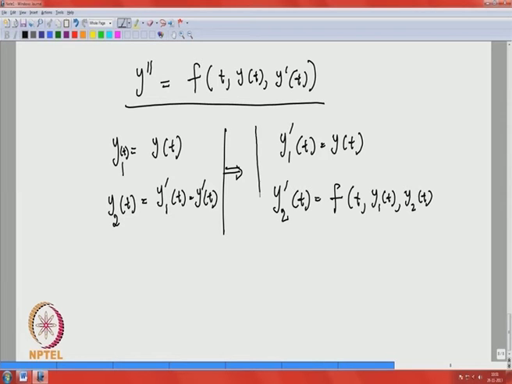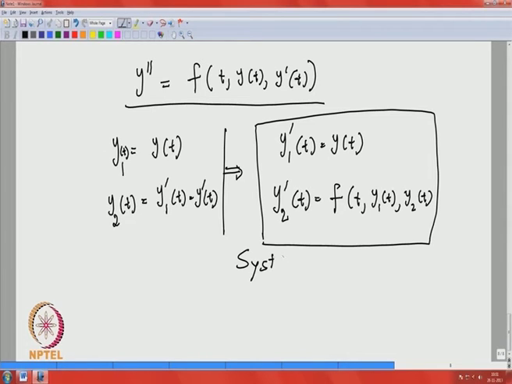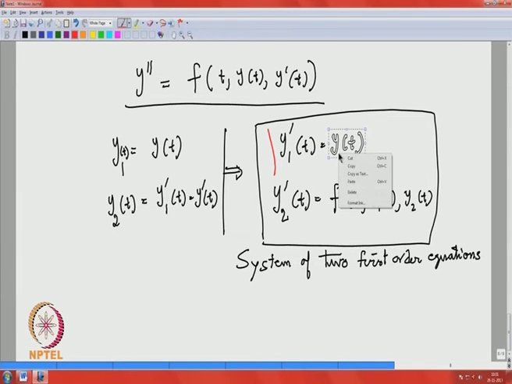So, you have a system of two first order equations. And naturally, if you go back and see each first order system, y1 prime of t is nothing but y2.